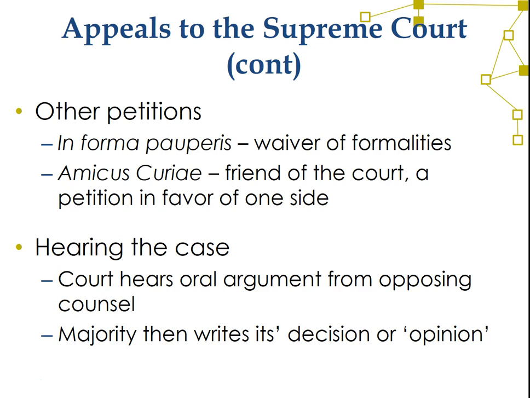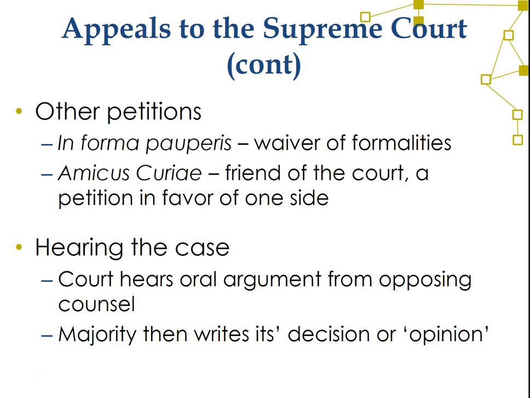So a quick review of some other petitions. We talked about forma pauperis, which means a waiver of formalities. And amicus curiae, which is friend of the court, a petition in favor of one side.